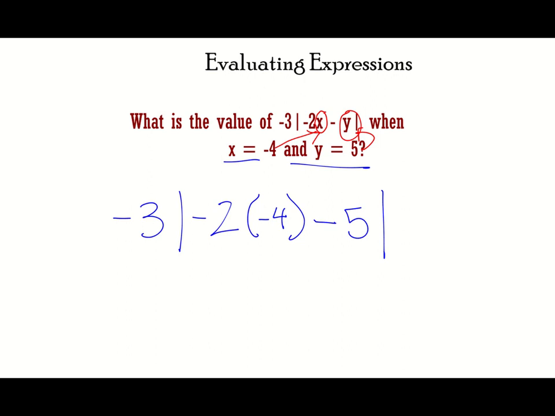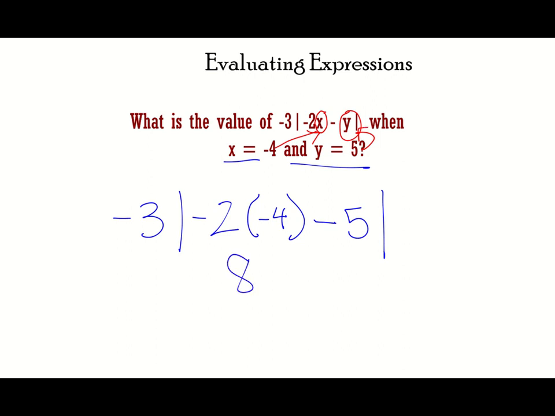I evaluate. In math, if you hear the word evaluate, evaluate means figure out the value. If you can hear the word value in that, see, it wants you to find the value. So I'm going to actually figure it out. Absolute value is like a parenthesis. So according to PEMDAS, I start with parentheses. So I'm going to start inside, and I'm going to do -2 times -4, which is 8.